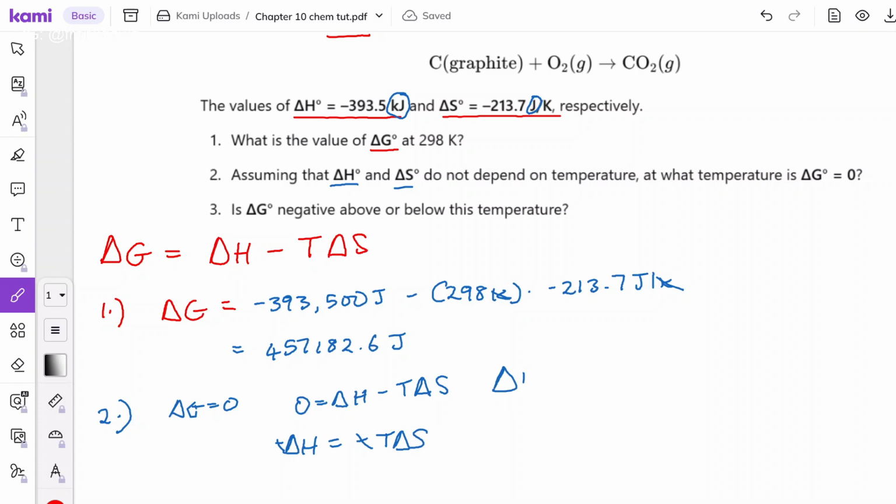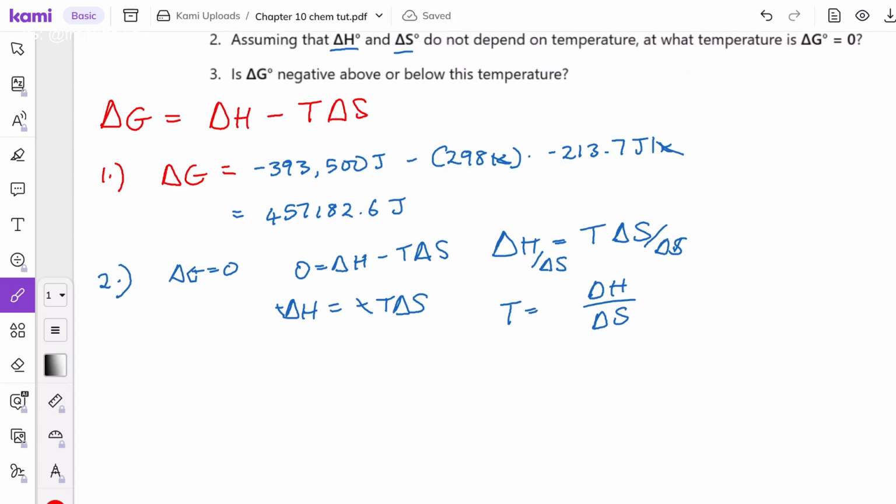And then it becomes delta H equals T times this. And we're just trying to find T, so we isolate T by dividing this from both sides. And T is equal to this over this.